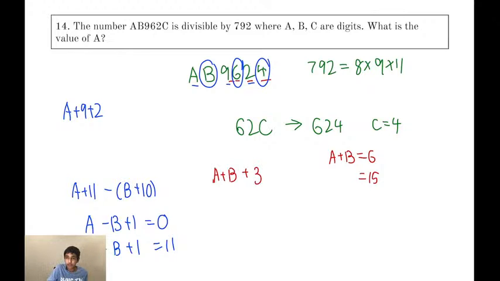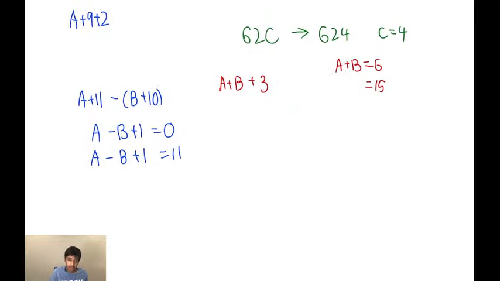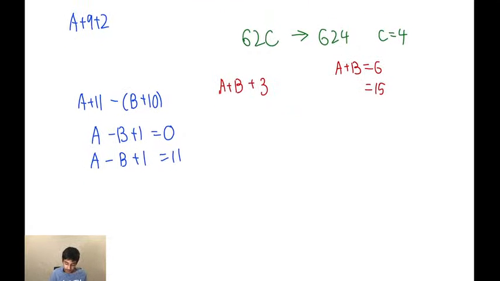But that's not possible, because the maximum value of A is 9 and the minimum value of B is 0, so this will be at most 9. So this doesn't work. So that means this must be the only possibility, meaning that B equals A plus 1. And then what we do is we substitute it into each of these cases.